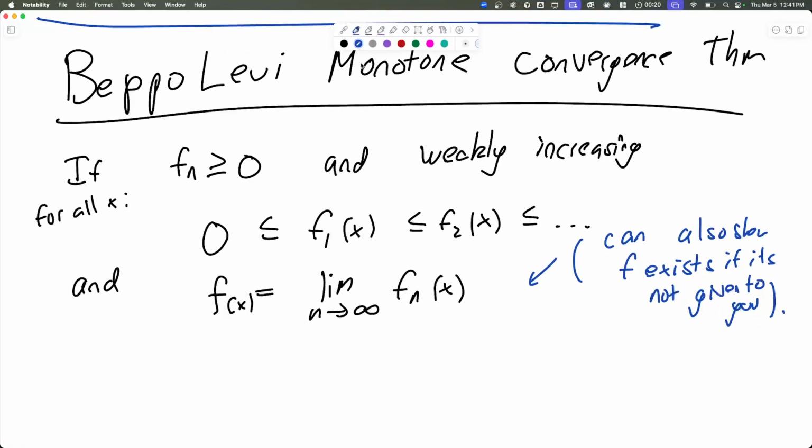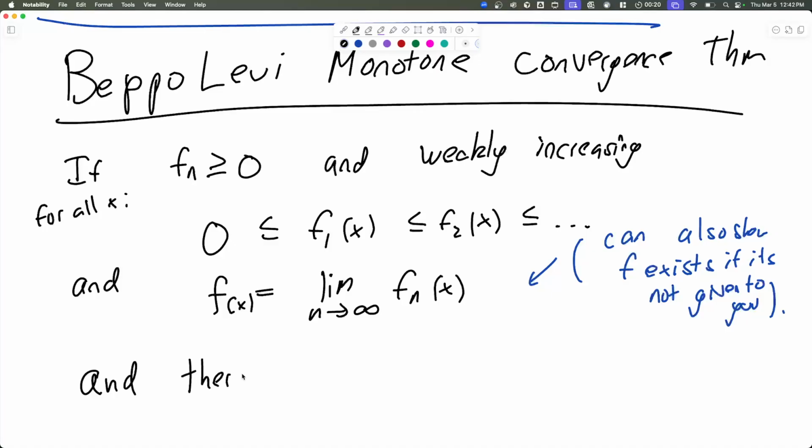And there's one other condition we need. The only thing that could go wrong here is if the integrals of the fn's blow up to infinity, then we have no hope. But as long as the fn's are increasing up to f, and the integrals of the fn's themselves are bounded, then we're good.